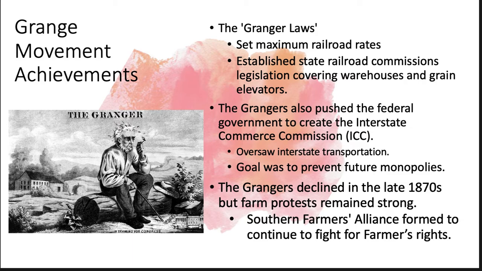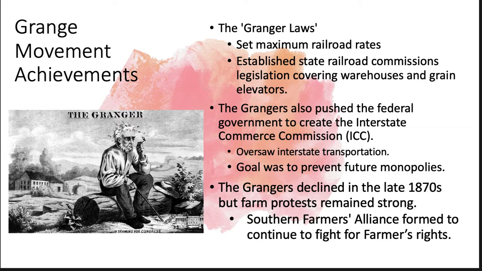The Grangers also push for the federal government to create what's called the Interstate Commerce Commission, the ICC. The Interstate Commerce Commission is meant to oversee interstate transportation. This is transportation that goes from state to state to state. These are the railroads, okay? Transportation, that trade that they're doing.